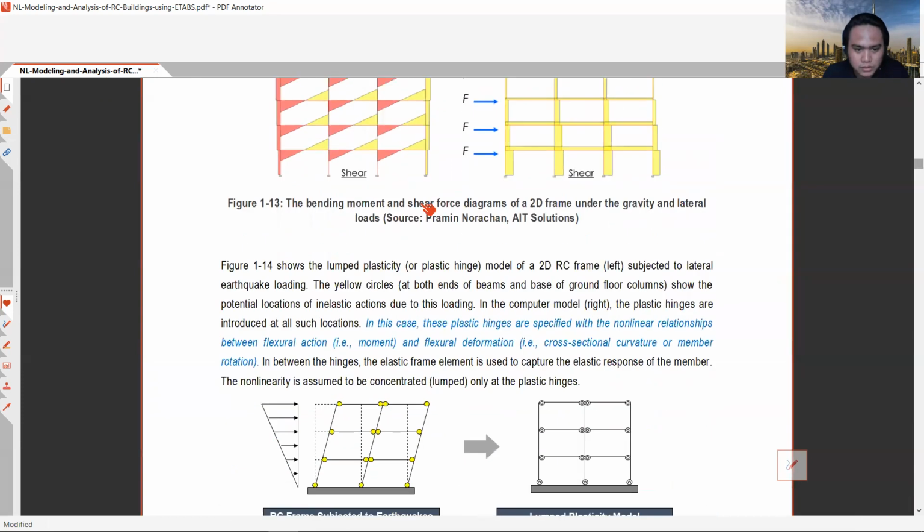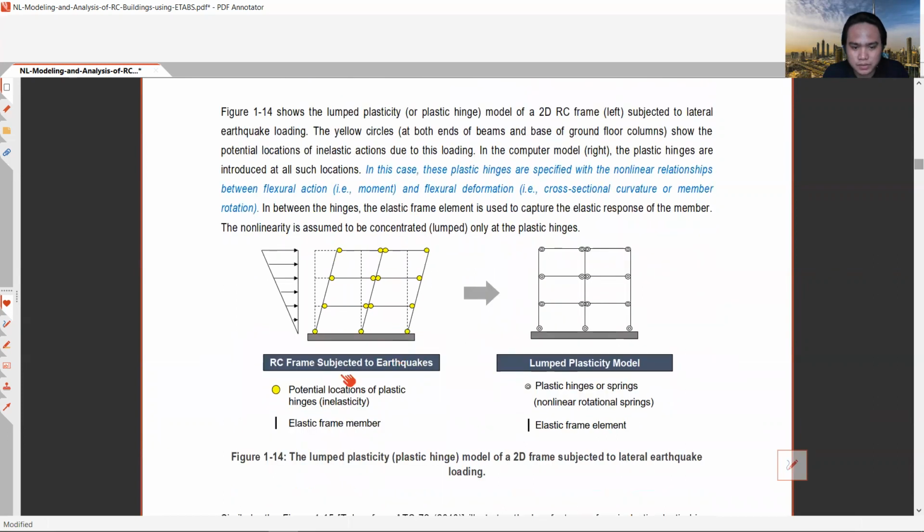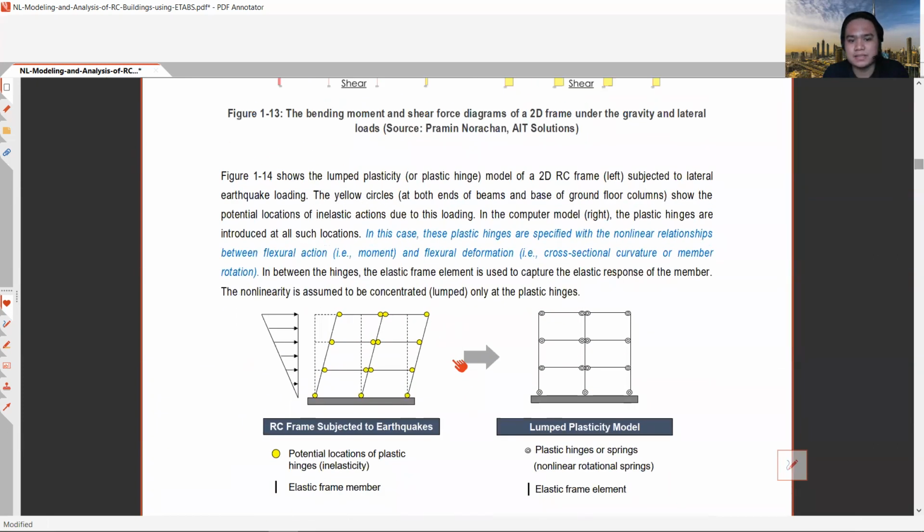Okay. So in figure 1-14, this one naman shows the lump plasticity or the plastic hinge model of our 2D RC frame in the left, subjected to lateral earthquake loading. So these yellow circles, both ends of the beams and base of the ground floor columns, show the potential location of the inelastic actions due to this loading.